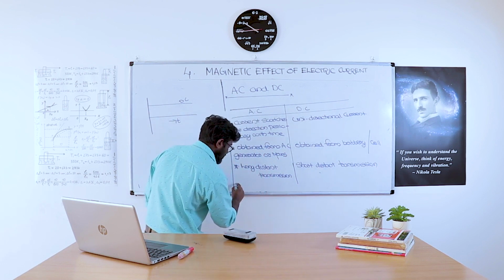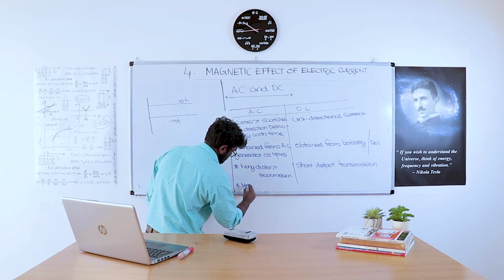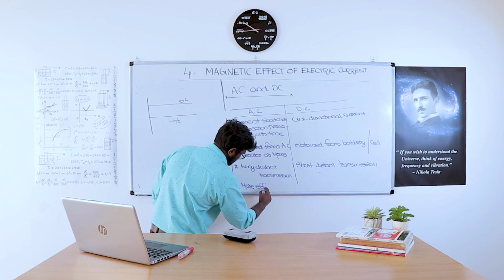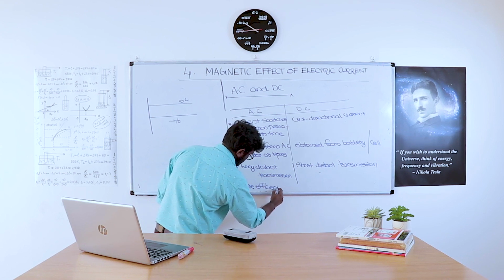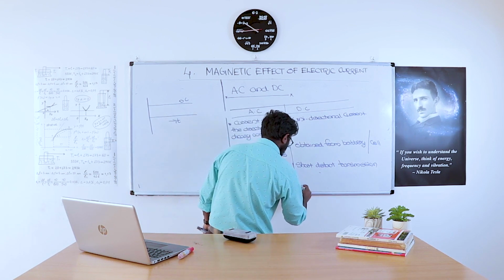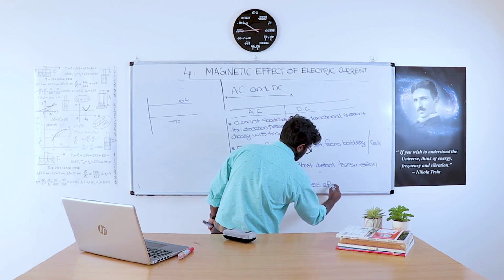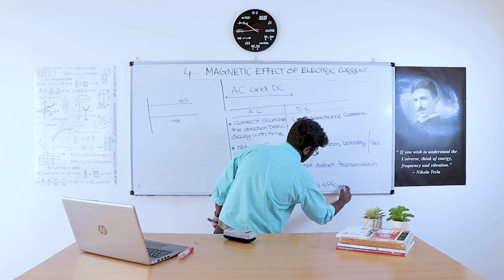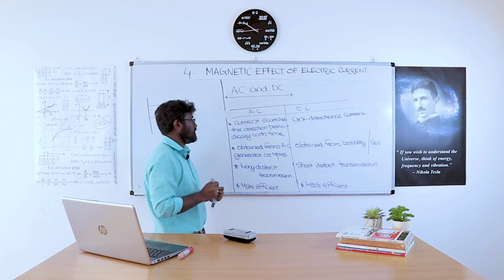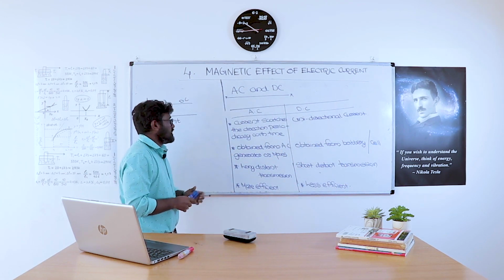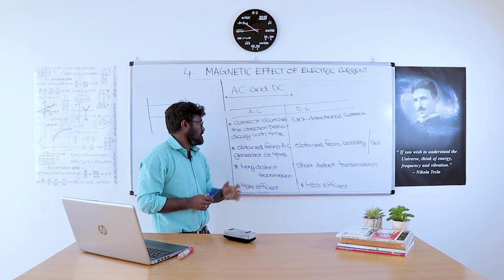AC is more efficient than DC. DC is less efficient as compared to AC. So these are the main differences between AC and DC.